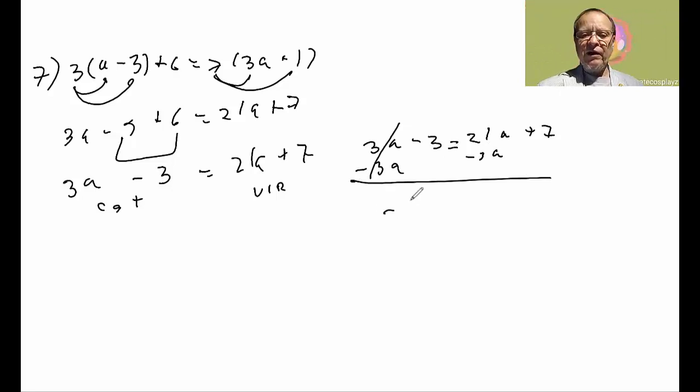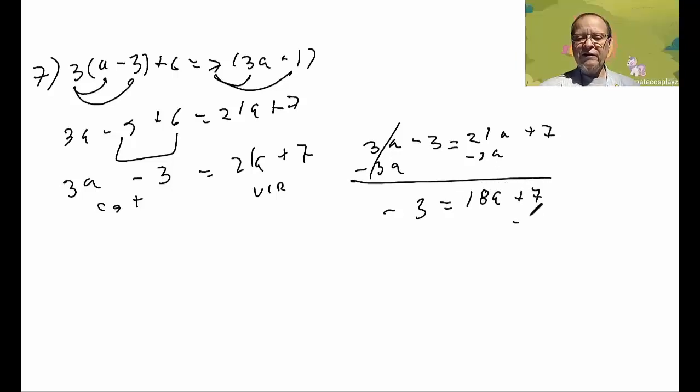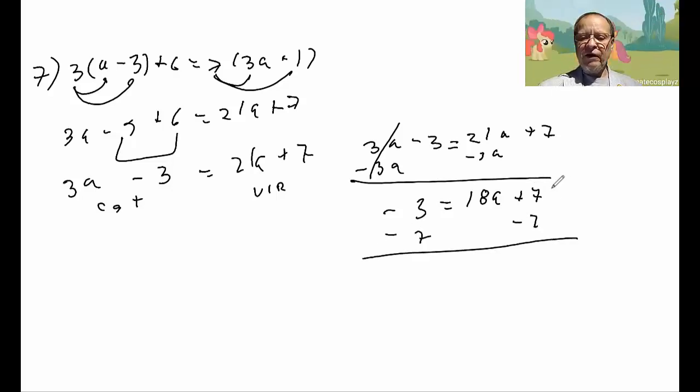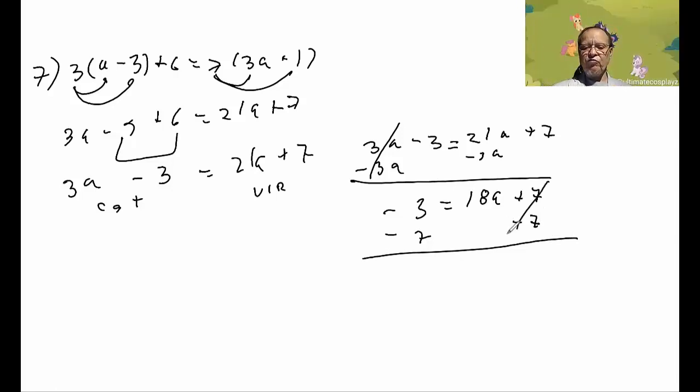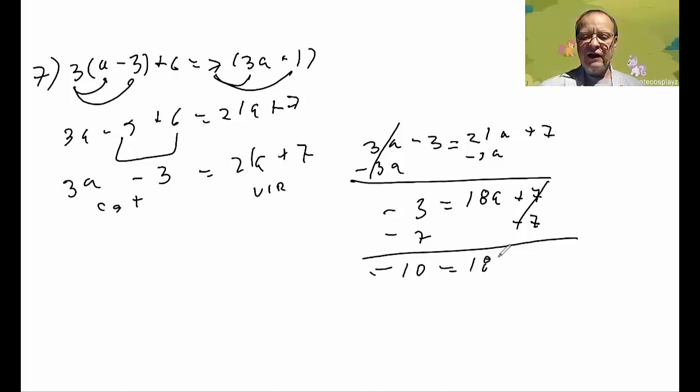So I get minus 3 is equal to 18a plus 7, and then minus 7, minus 7. Since that gives me 0, I can cross that out, and this one will give me negative 10 is equal to 18a. And we divide by 18, divide by 18.